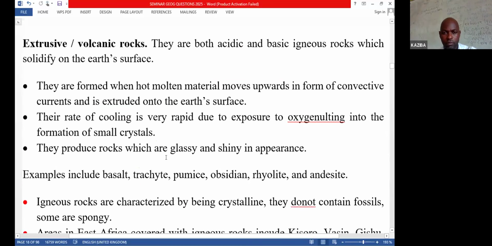So they are formed when the material moves upwards and solidifies on top of the Earth's crust. Then you have to tell us their rate of cooling. Their rate of cooling is very fast. Why? Because of low pressure and the presence of oxygen. Which type of crystals do they form? They form small crystals. Then you give us examples of these rocks.